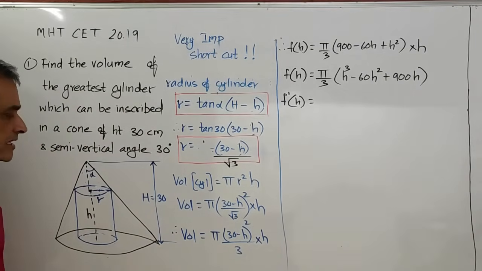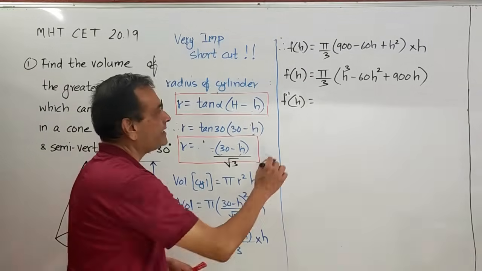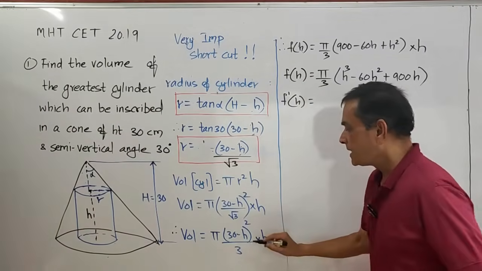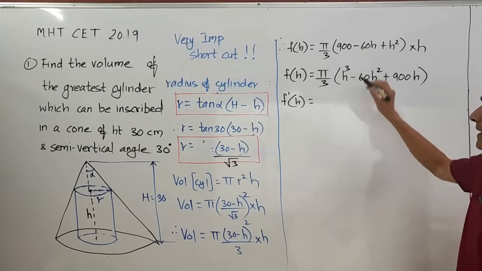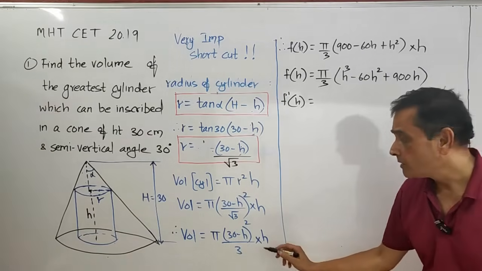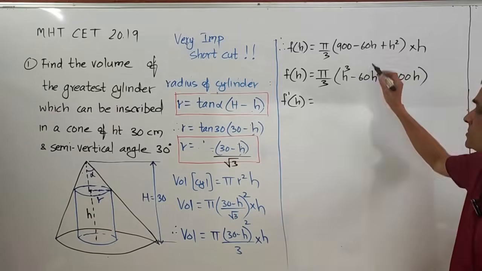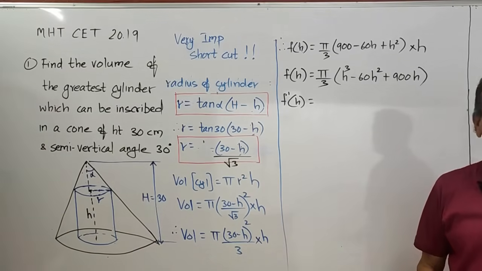Now let us expand this equation. π/3 सामने लिखा है मैंने, (a minus b) bracket squared, a squared 30 squared is 900 minus 2ab, 2 into 30 is 60h, plus b squared h squared.